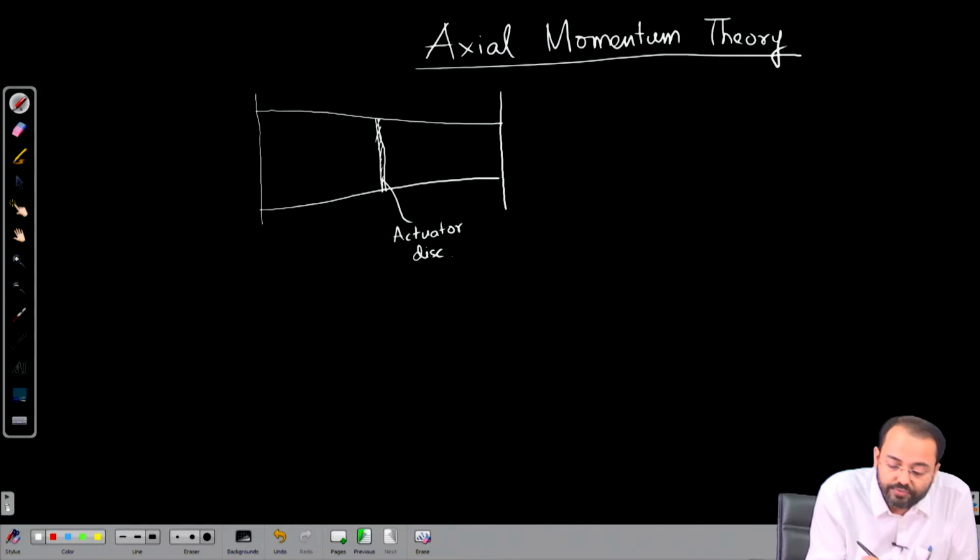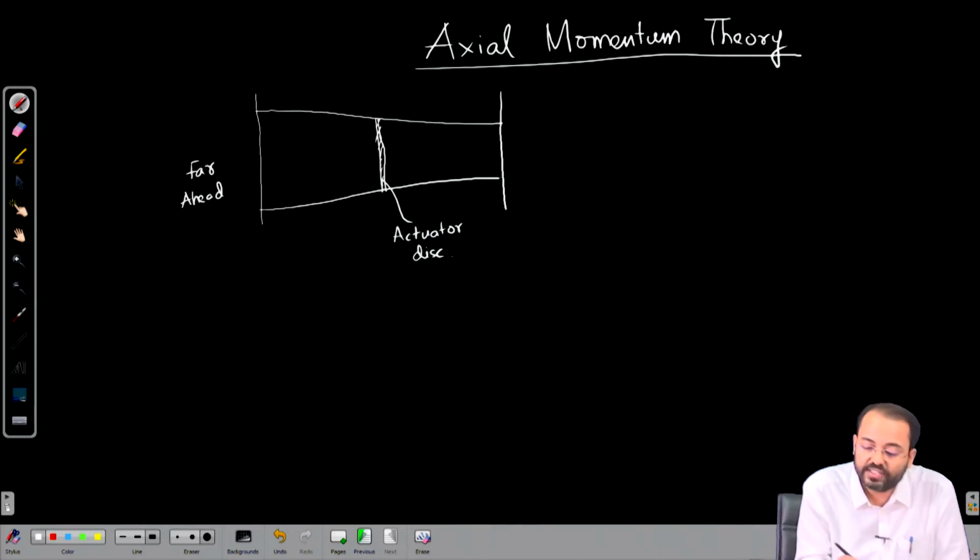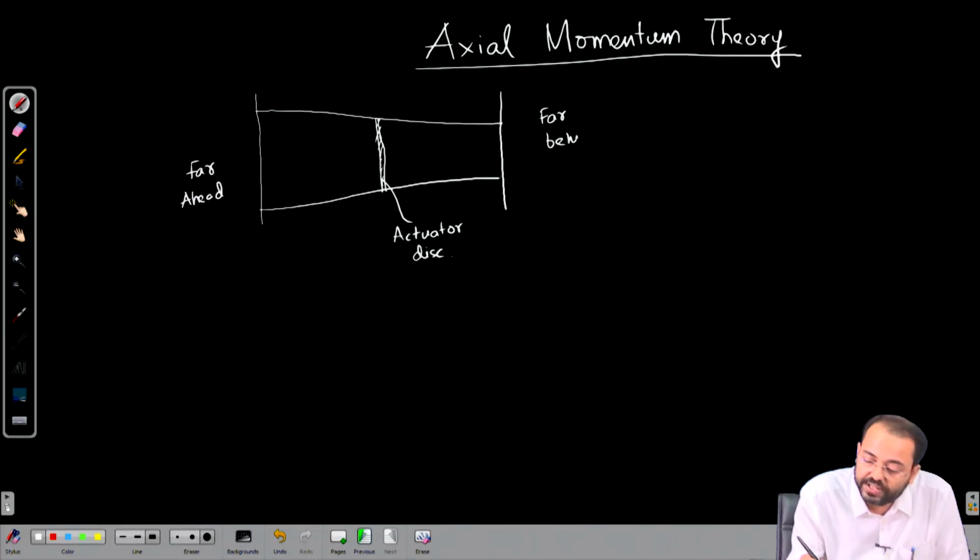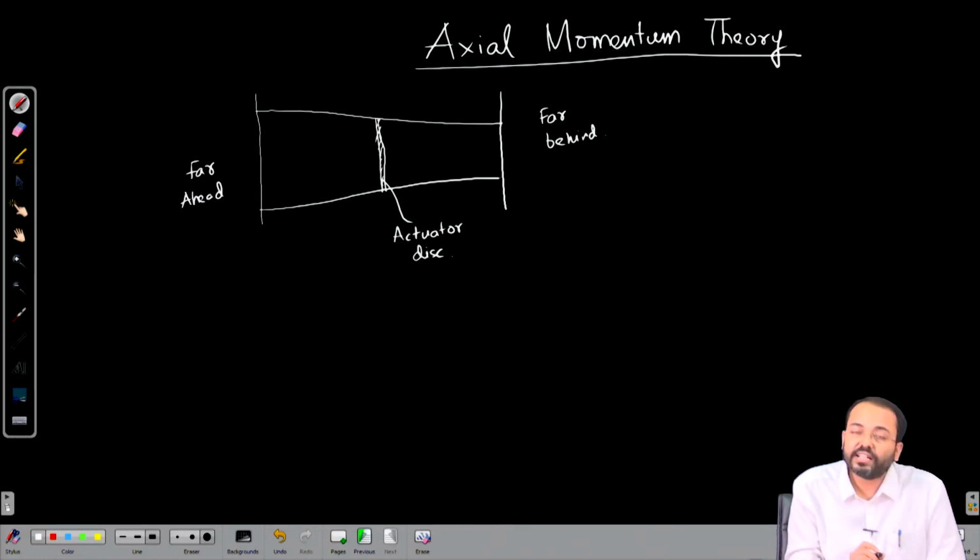We have taken the domain so that it extends far ahead of the disc and to a zone which is far behind. Now, what are the pressure and velocity components in these regions?